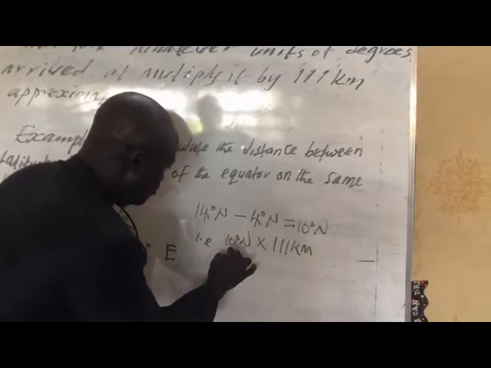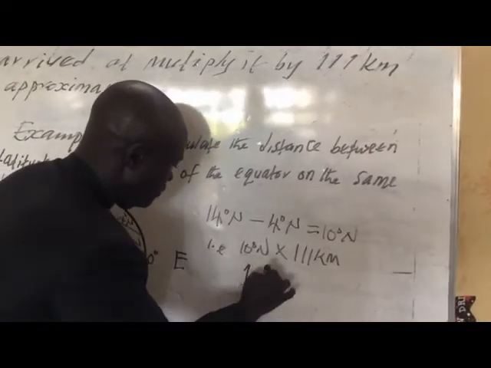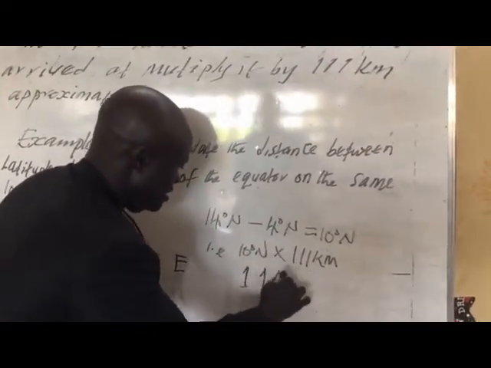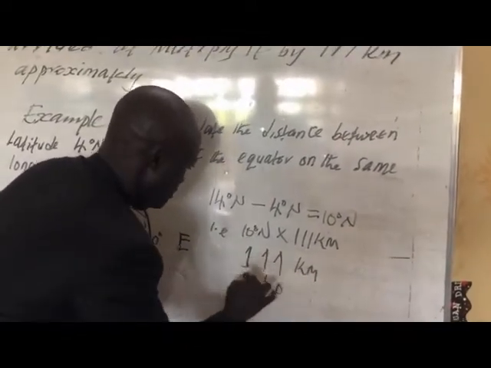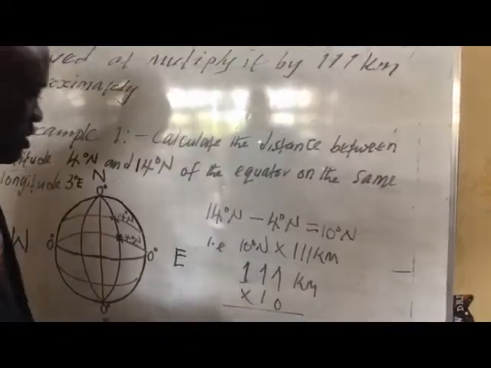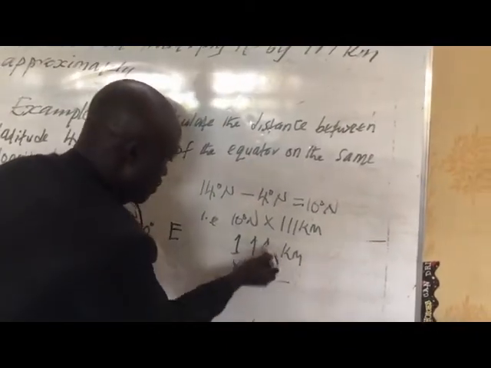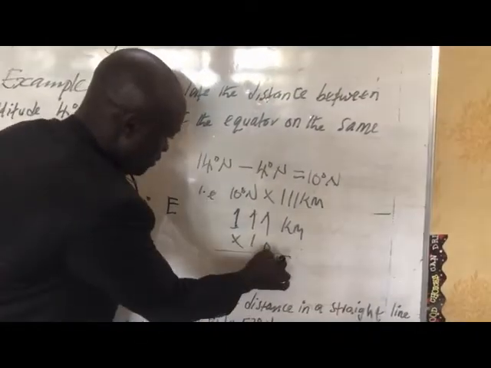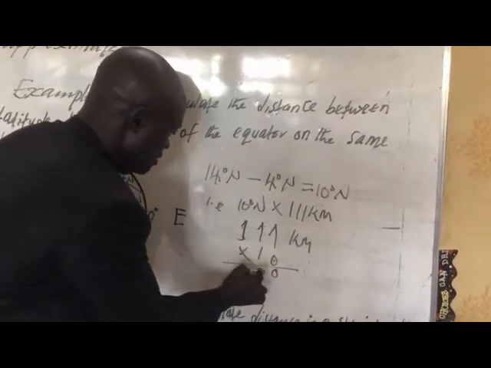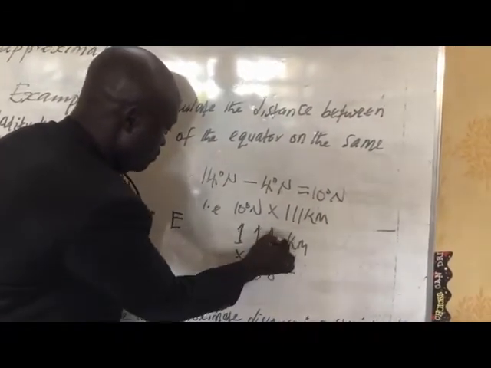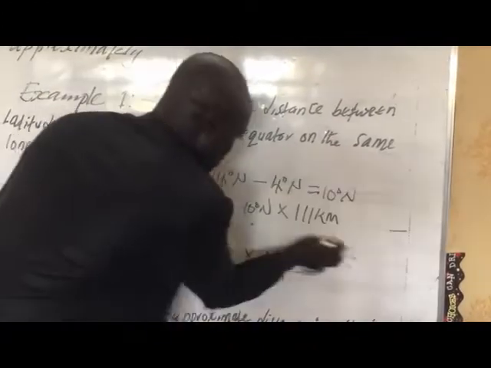If I were to do it that same way, we are going to arrive at the answer this way. This is our 10, this way, times 111 kilometers. Let me take it again, sorry.